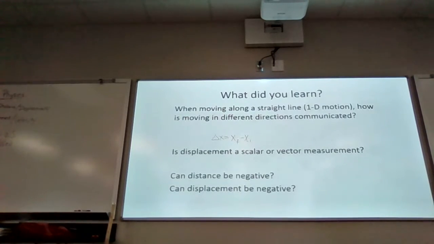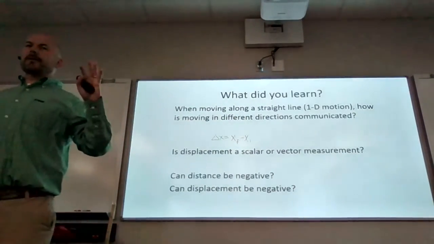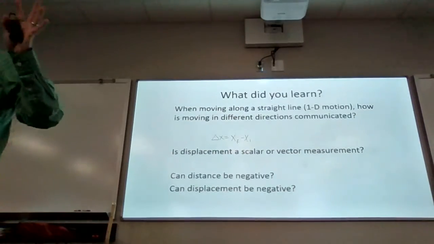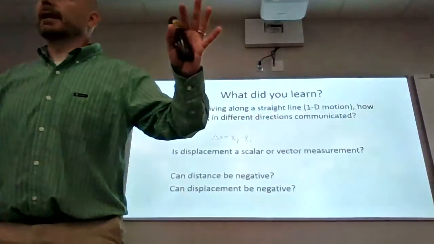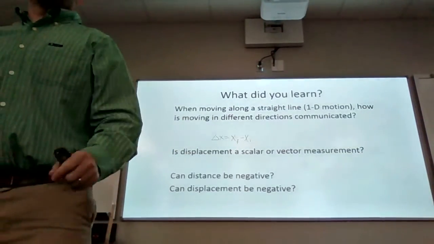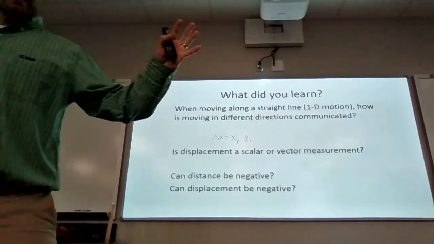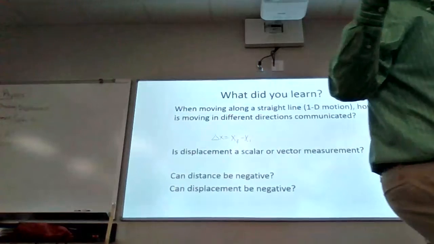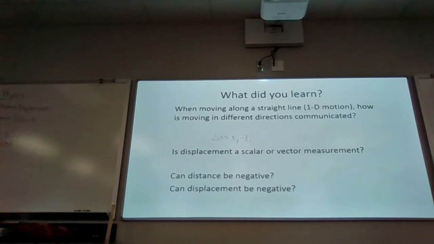So in this chapter and the next chapter, we're going to confine our motion to a line. It's one dimension. So you can go this way or that way, but you can't get off the line. So how do we communicate direction? What mathematically is how we communicate direction? Like in the previous example, Cooper. Yes, but mathematically, positive and negative.